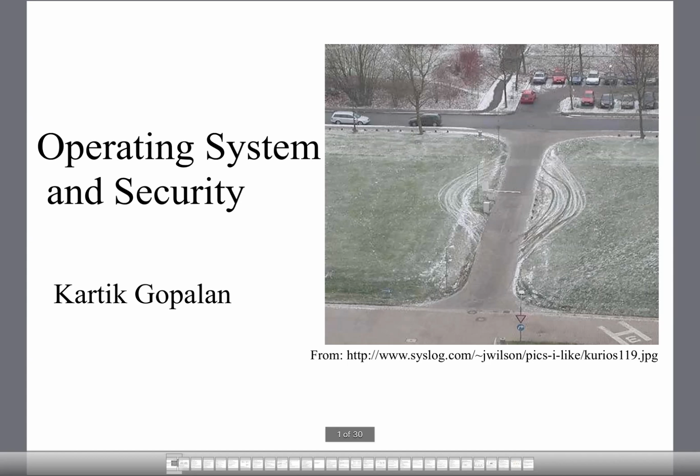So this picture here, if you're wondering or if you already figured out, shows an interesting principle of maintaining access. As you can see in this figure, there is a parking lot, and access to the parking lot is guarded by a gate, right?